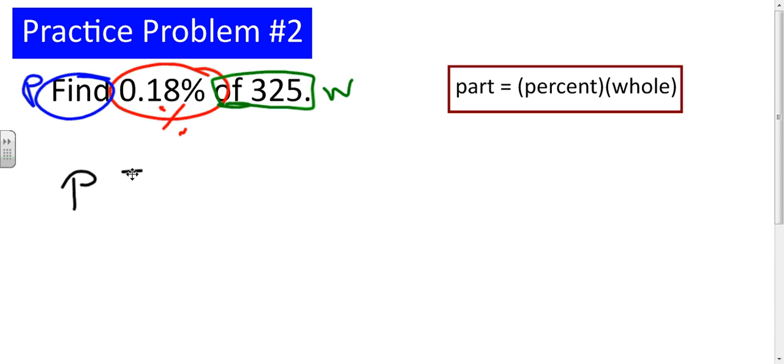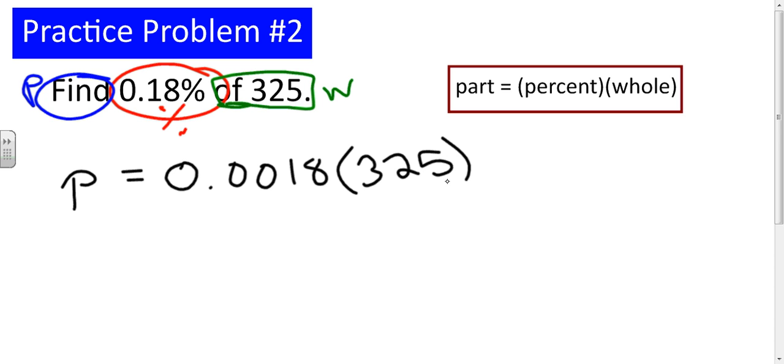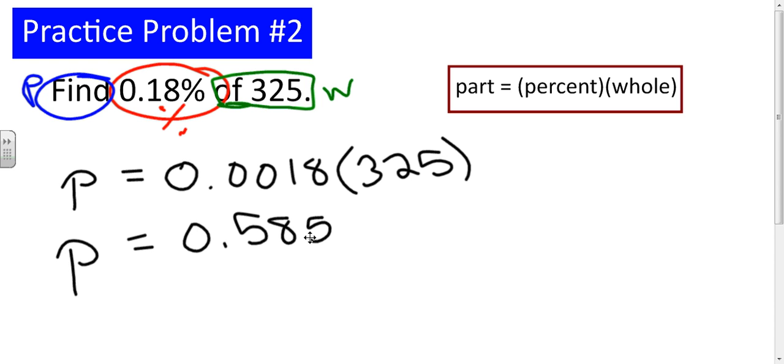Part equals, change this percent to a decimal. Move the decimal 2 times to the left. 0.0018 times 325. And when I multiply this out, I'm going to get the part is equal to 585 thousandths.